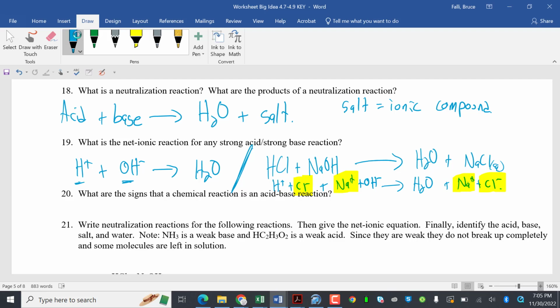What are the signs that a chemical reaction is an acid-base reaction? So what you have is an acid. The substance starts with H or ends in COOH.